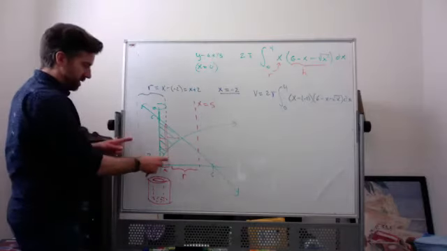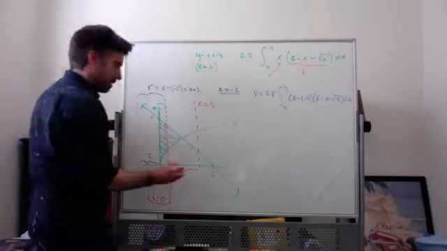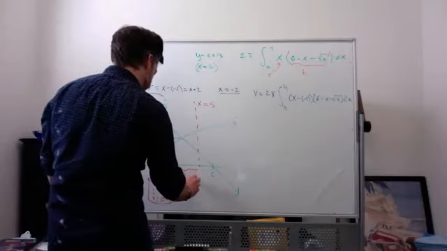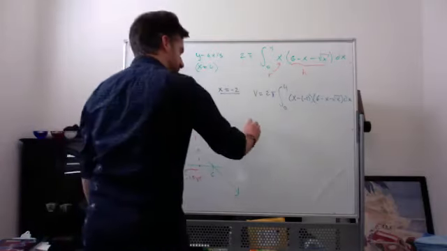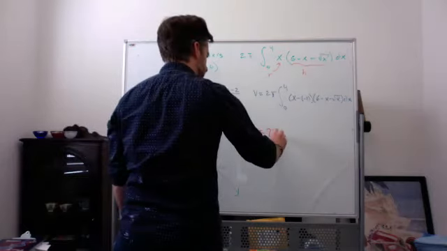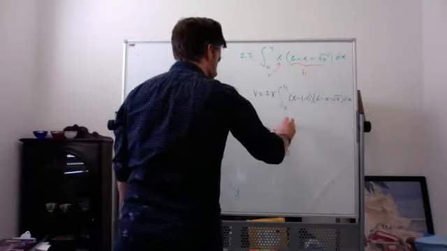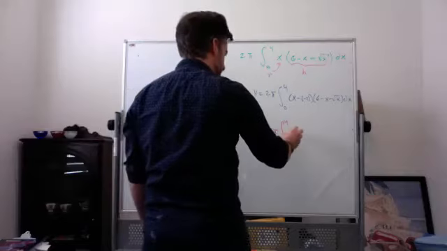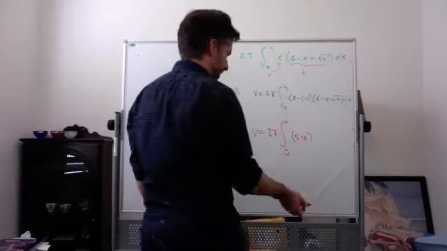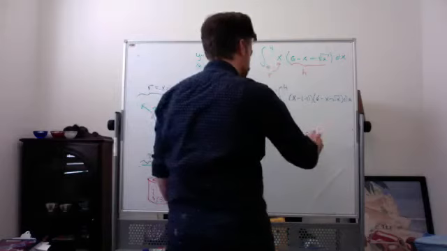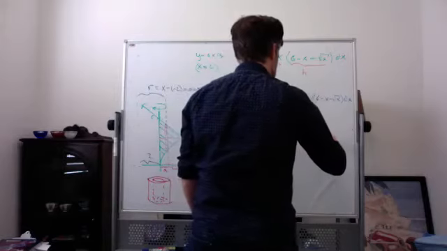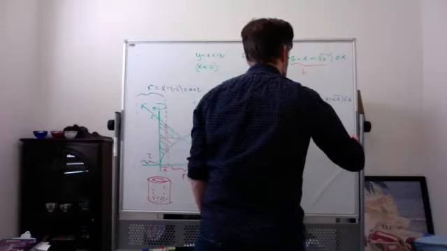Just like the difference here was x minus -2. So here the radius is 5 minus x. And the volume would still be 2 pi times the integral from 0 to 4 of your radius, now 5 minus x instead of x minus -2, or just x, times still 6 minus x minus the square root of x.